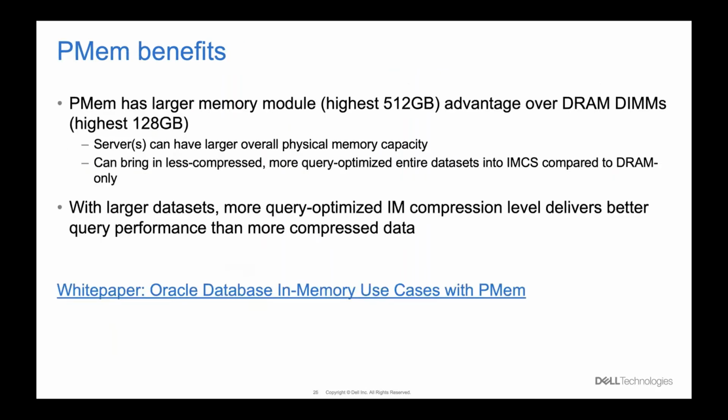So, summarizing my part before handing it to Kai, there are two main observations about using PMem and the in-memory option. First, PMem will allow you to have more memory size that can help you avoid data spill on disk.